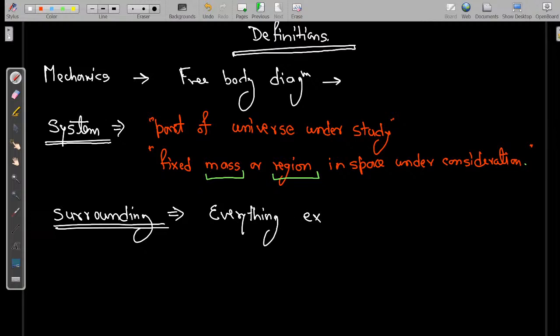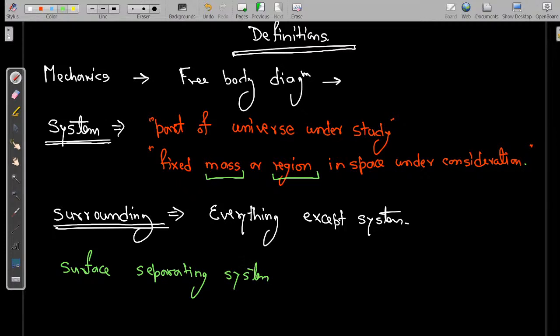Okay, and the surface which is separating system and surrounding is called boundary.